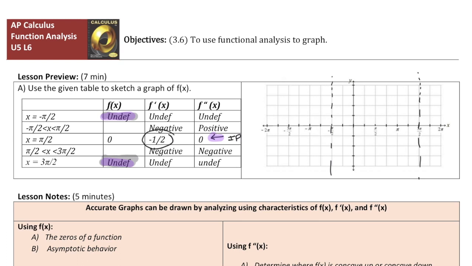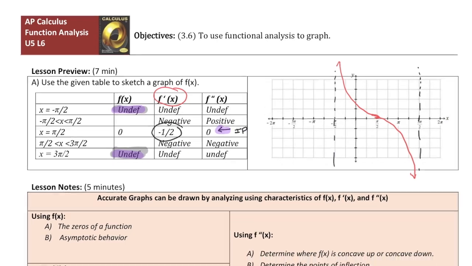Now, you're told that you have a critical number for when your first derivative was equal to 0, but it's not a relative min or a relative max. It's just a little bit flat. You're concave up and decreasing from your asymptote to that point. Then you are concave down and decreasing until you get to the next asymptote.